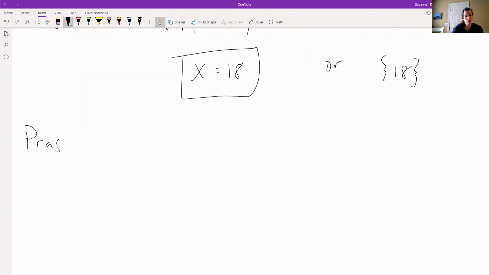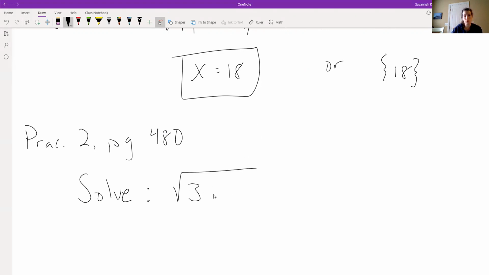Moving ahead to practice problem 2. Okay, word solve alerting us that we have to carry this thing down until we get x equals a number or more than one number.